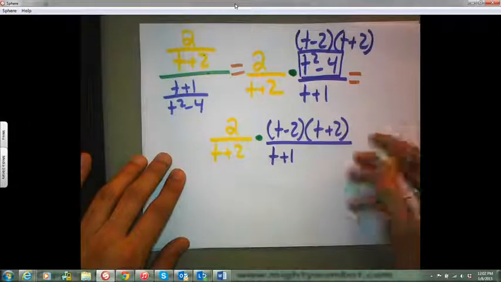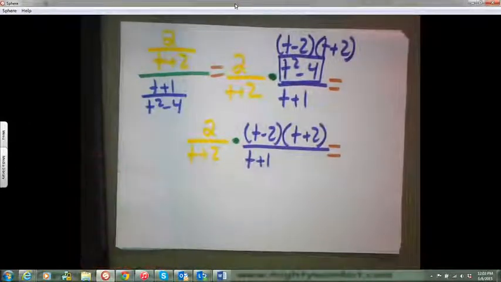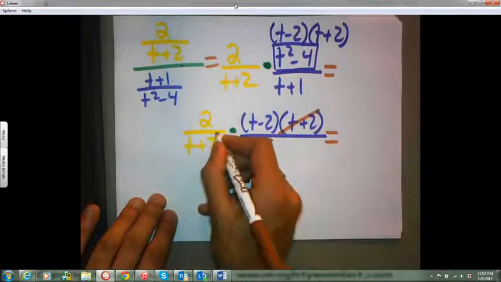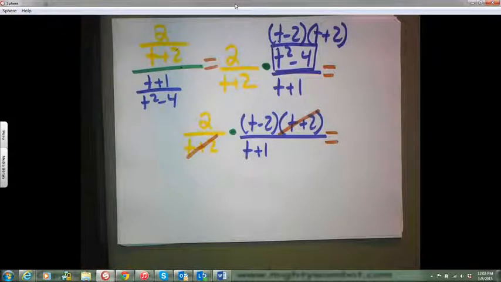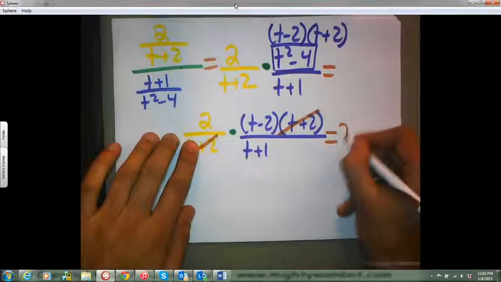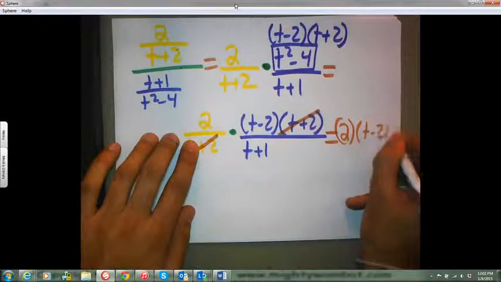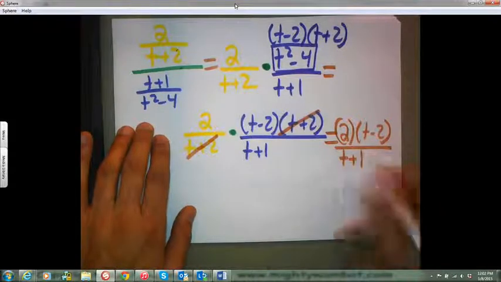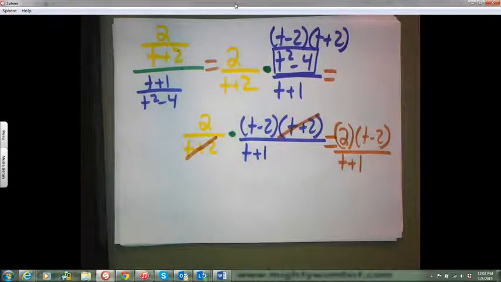Because this term, t plus 2, cancels with this t plus 2. What are we left with? Well, we've got the 2 times t minus 2, all divided by t plus 1. Questions?